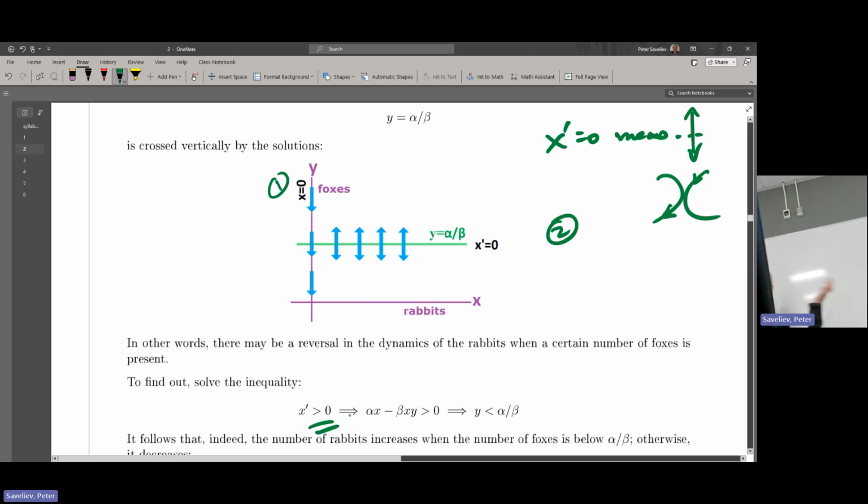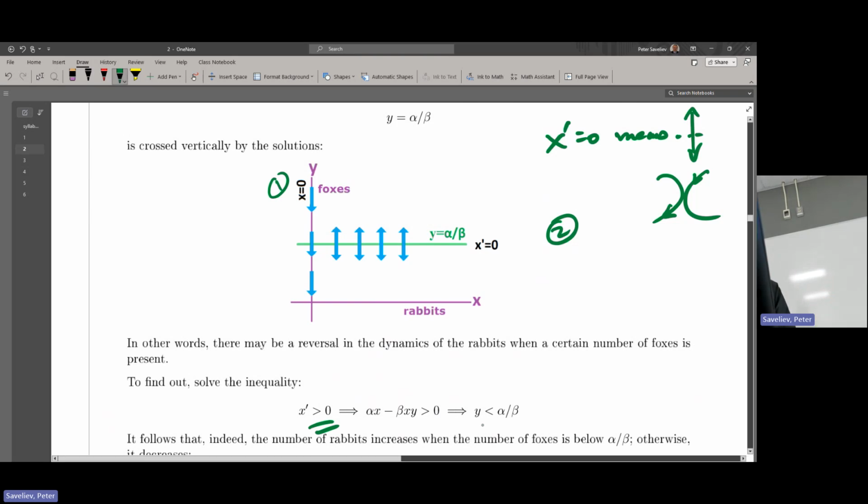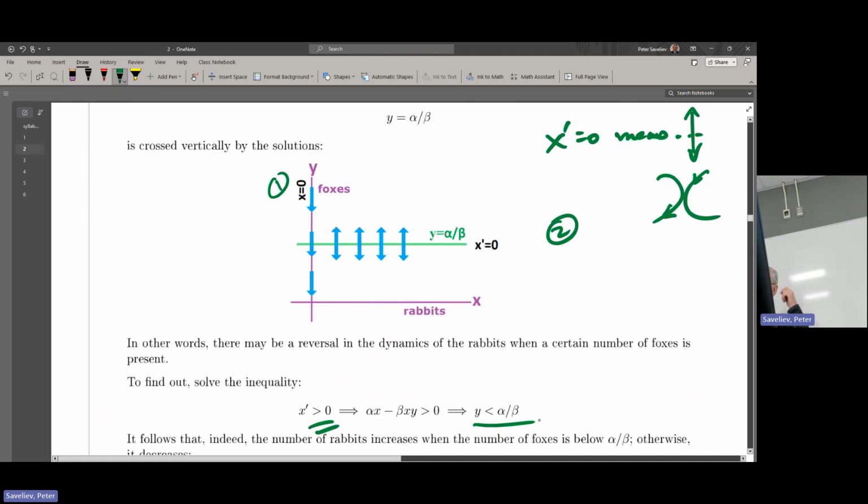We know where x prime is equal to 0, and now we solve the inequality. It turns out it is when y is less than alpha over beta. In other words, below that line. So below that line, there aren't too many foxes to bring the number of rabbits down.